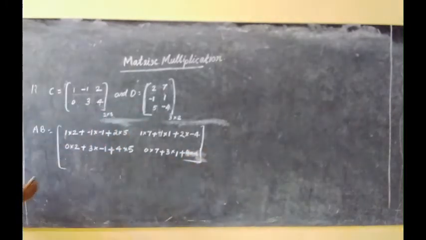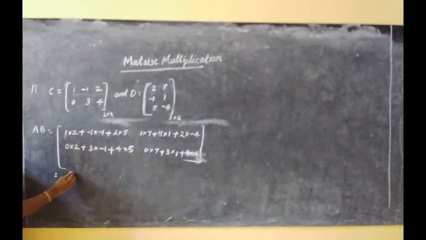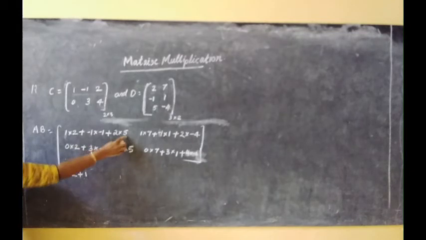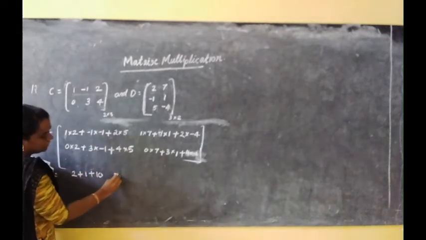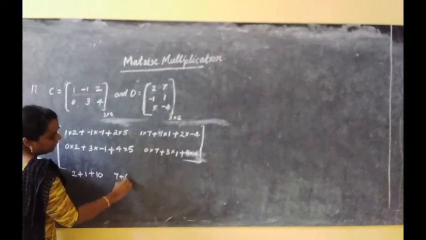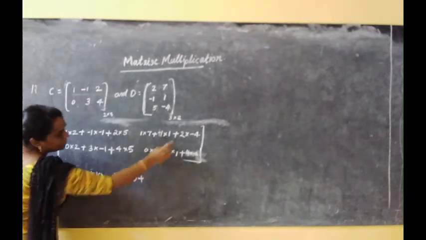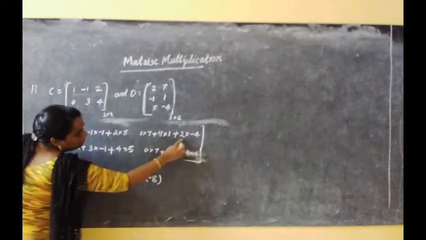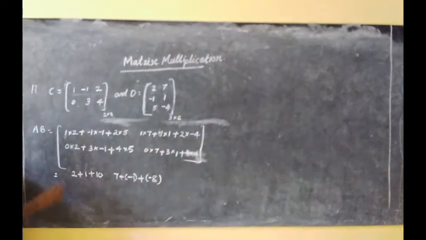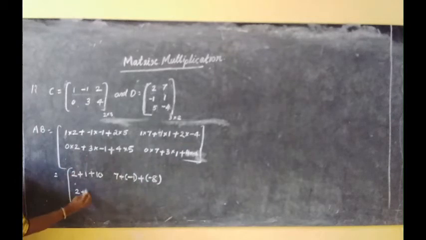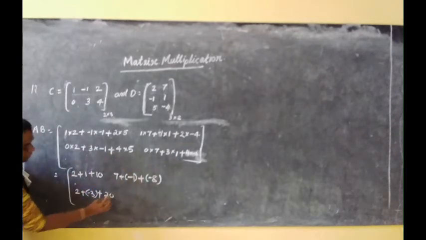Okay, now let's multiply. 1 into 2, 2, plus minus 1 into 1, 1, plus 2 into 5, 10. Next element: 7, plus minus 1, plus minus 8, since 2 into minus 4 is minus 8. Then here 2, plus 3 into minus 1, minus 3, plus 4 into 5, 20.